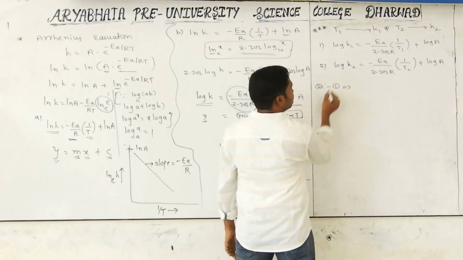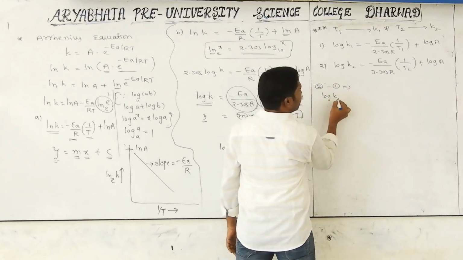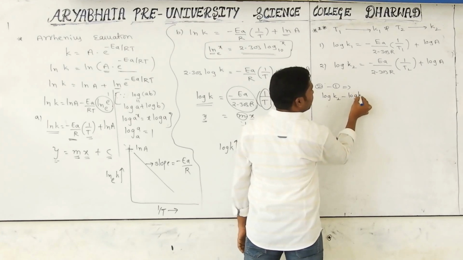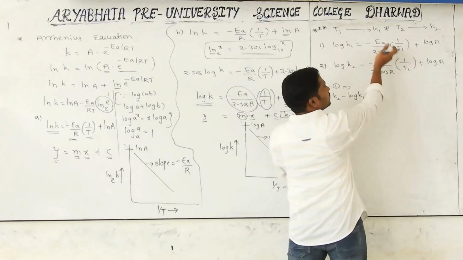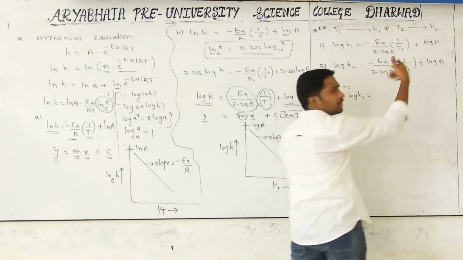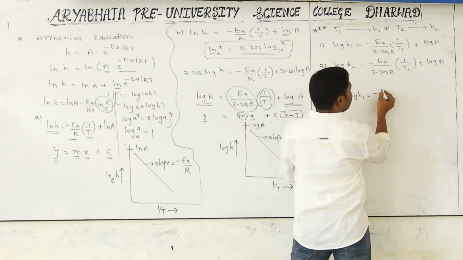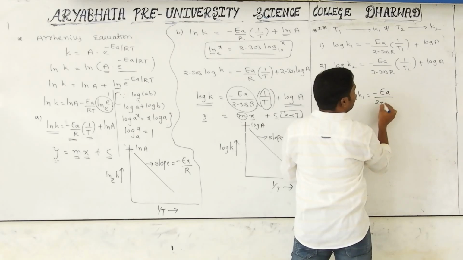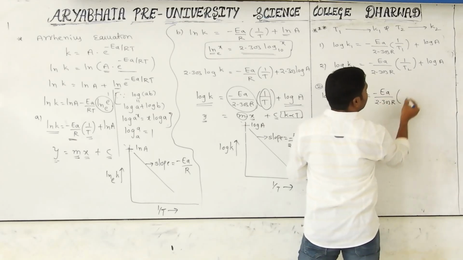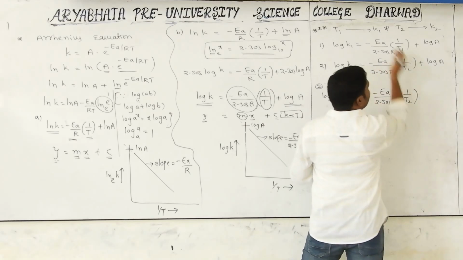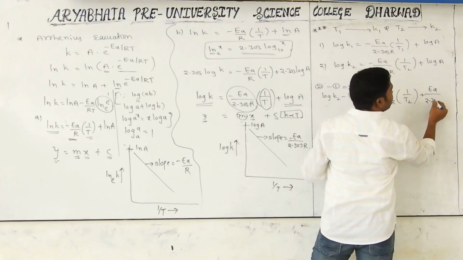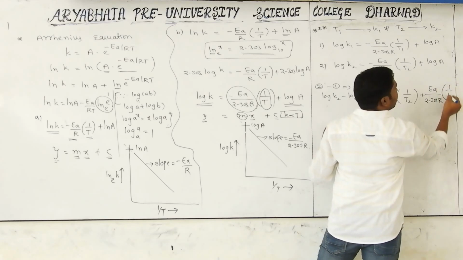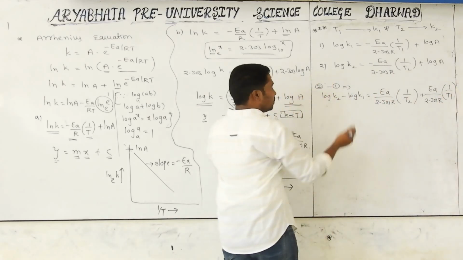What's coming in the equation? Log of K2 minus log of K1. Left side I am doing, right side also do that: this one minus this one. Then what happens? Log A will be cancelled. Then what is remaining? Minus EA by 2.303 into R into 1 by T2, and minus of minus becomes plus EA by 2.303 into R into 1 by T1. Do the simplification.